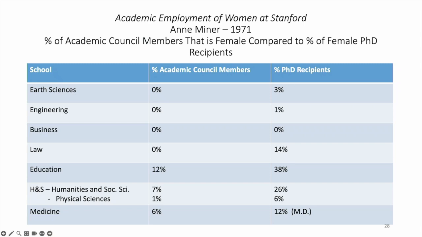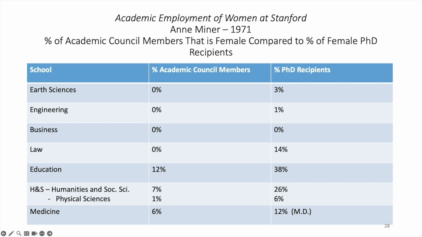It was pretty clear. Now, I should say that Ann Miner had already performed an analysis of the situation of women, and you can get a pretty clear idea of the situation from her graph that's right out of her report, Academic Employment of Women at Stanford. And you can see the center column is the number of academic council members on the faculty.